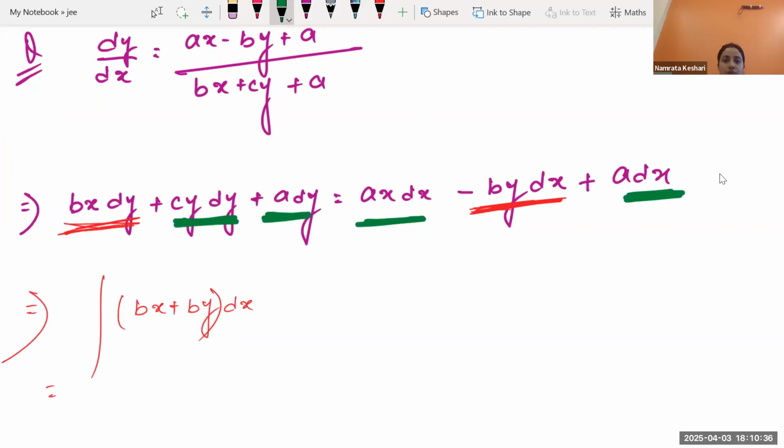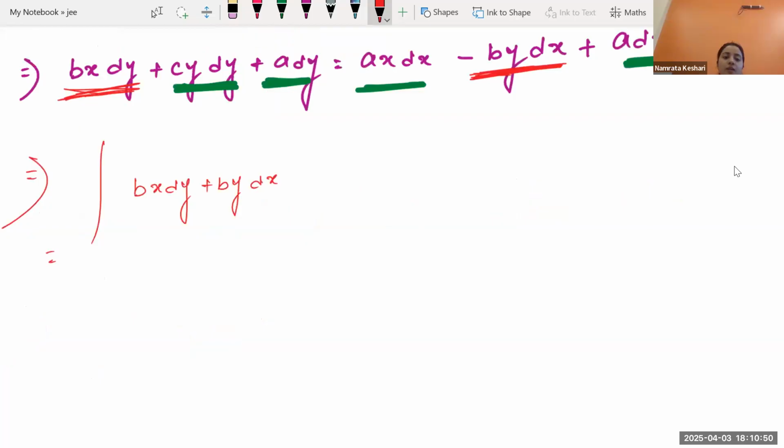It is bx dy plus by dx. If we take b common, it is x dy plus y dx. Have you encountered such situation earlier? Can we say it is derivative of xy?